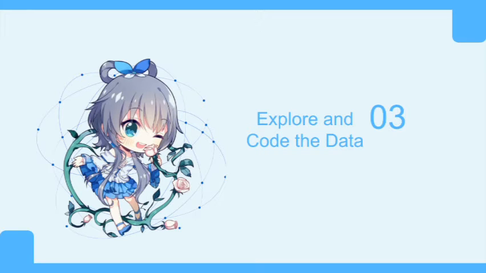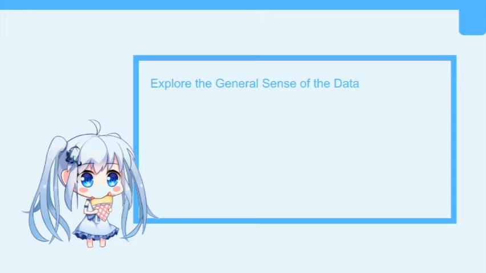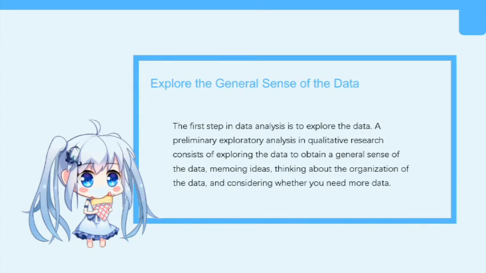The next is explore and code the data. After you have organized and transcribed your data and decided whether to do hand or computer analysis, it is time to begin data analysis.